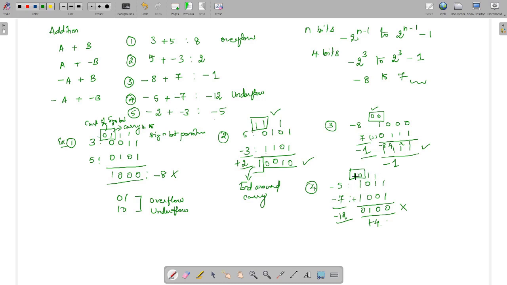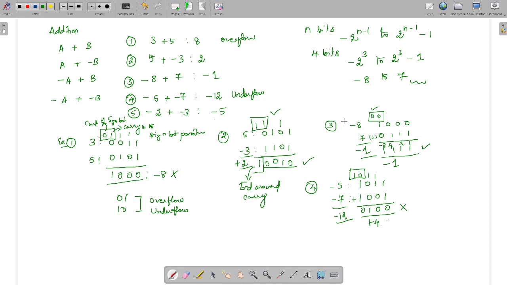The last carry, that is the carry coming out of the last bit, and the carry that is fed into the last bit of this adder, has to be checked. If both are similar, then the result you have in the accumulator is right, or else it should either be an underflow or overflow. So that is all about addition.